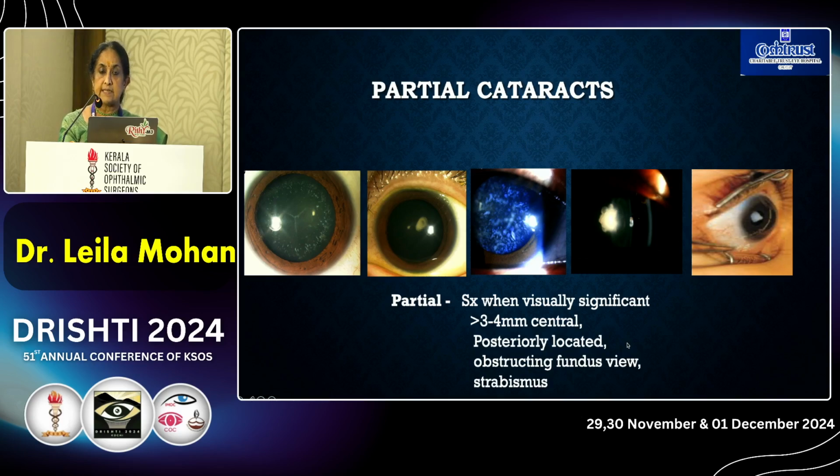And if the child has nystagmus, these are considered visually significant. If there is an anterior polar cataract that is just a small pinhead sized cataract, even with the pyramidal one, they don't usually affect vision, and even fundus examination doesn't obstruct your visualization.